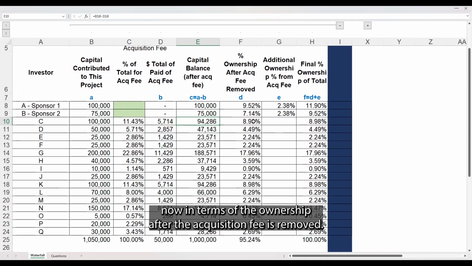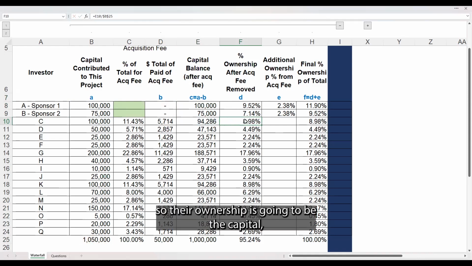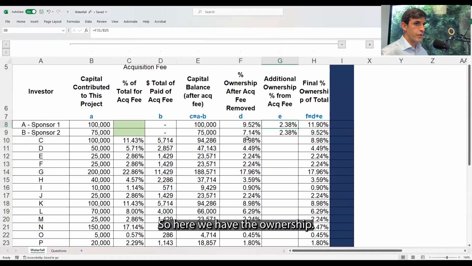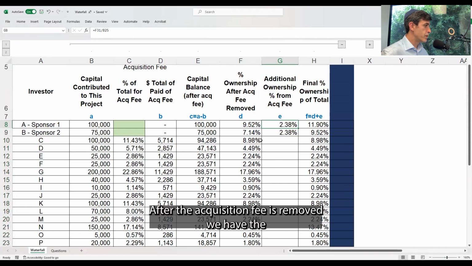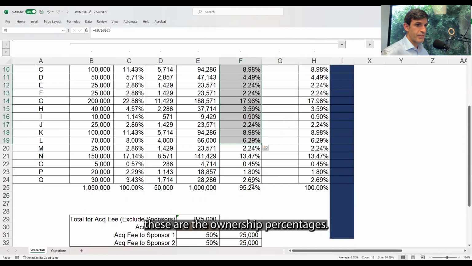Now, in terms of the ownership after the acquisition fee is removed, their ownership is going to be the capital balance after the acquisition fee is removed, divided by the total amount of the project. So here we have the ownership after the acquisition fee is removed. These are the ownership percentages.